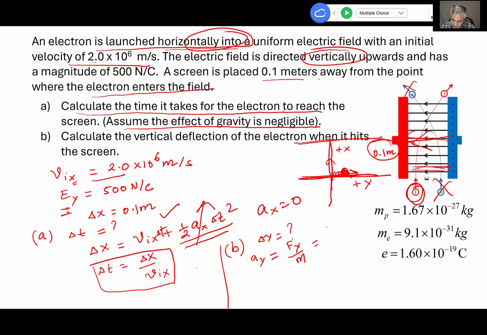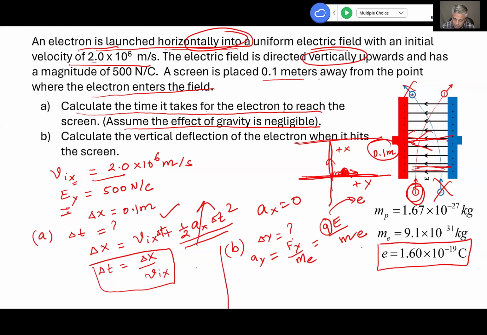And force, being electric force, we have this qE over m. So that's what it goes. And if it is an electron, then you have the mass of an electron, and this is e. The value of that one is e, and it is given by this.